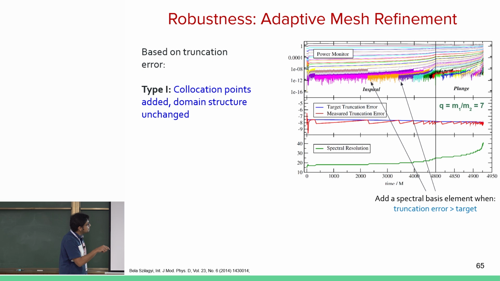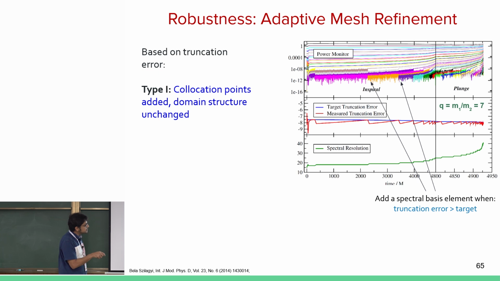Now, we measure the truncation error, which is basically the magnitude of the smallest coefficient over here, or the highest order coefficient, right? And as soon as the measured truncation error is about to overshoot a target error, we add a new coefficient. So this pink curve didn't exist before, right? And then the error in representation goes down.